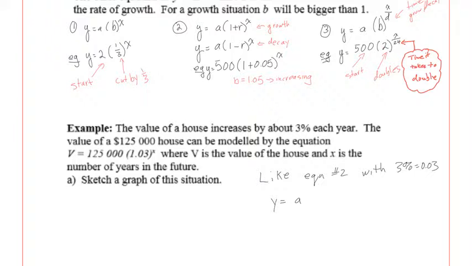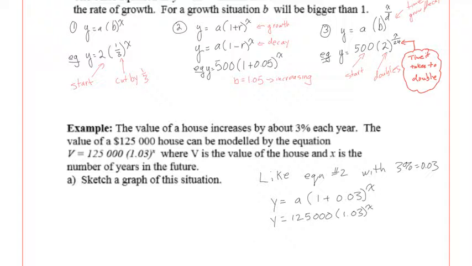So we get y is equal to a, 1 plus 0.03, which turns into something raised to the x. Now the a value is still 125,000 because that's our starting value for the house. And our b value is 1.03. And we know that anything bigger than 1 is a growing exponential.